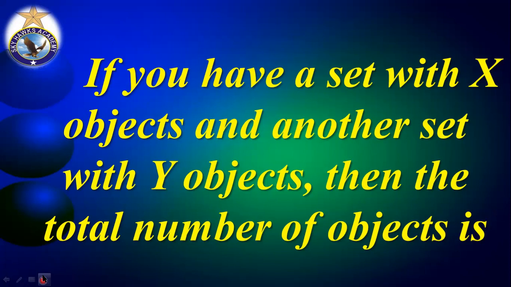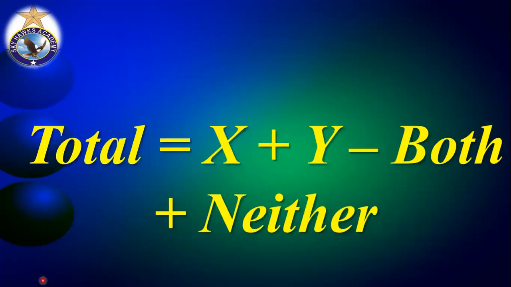Keeping this in mind, if you say that x plus y is the total number of elements in the two sets, look at this formula. Total number of elements is equal to x plus y minus both plus neither.